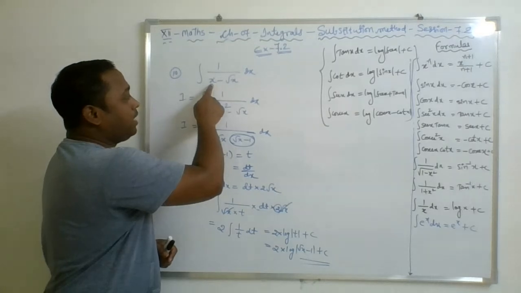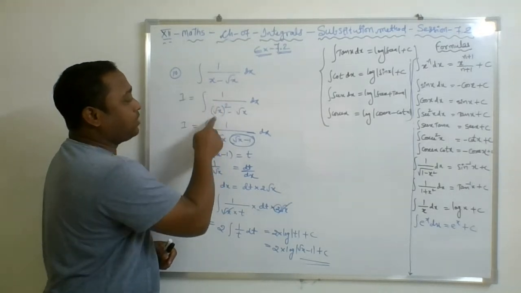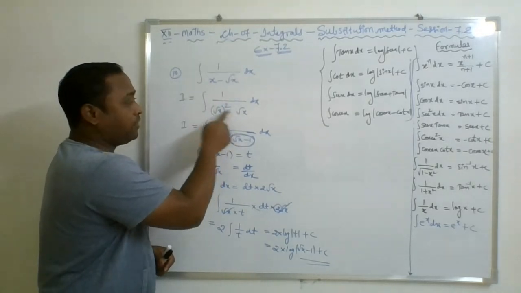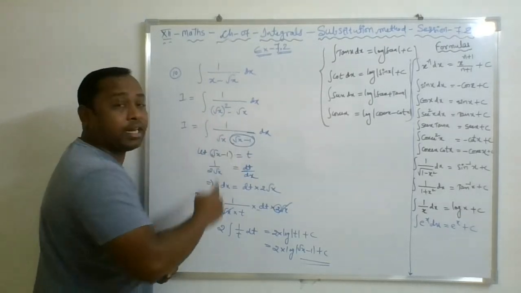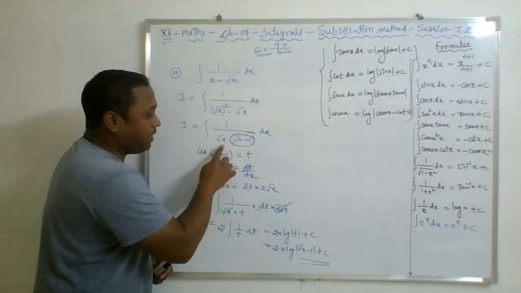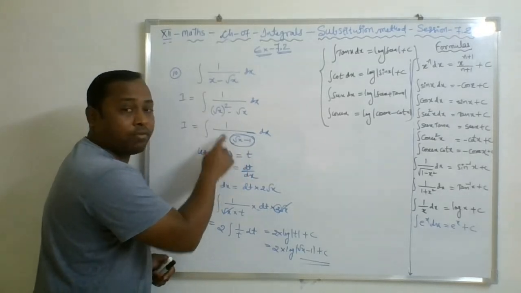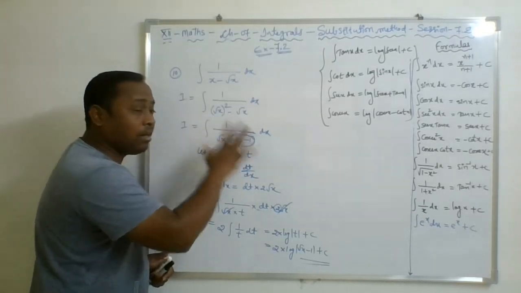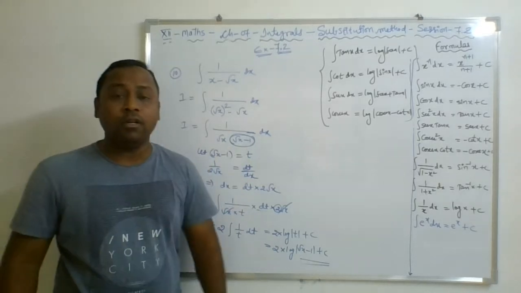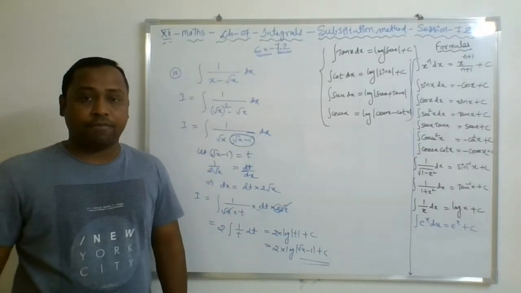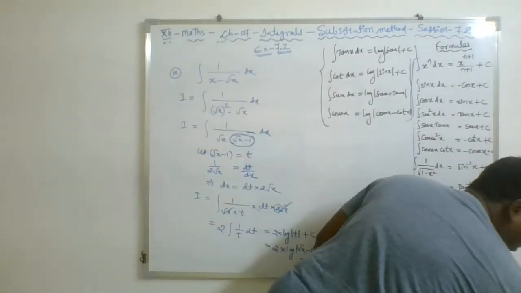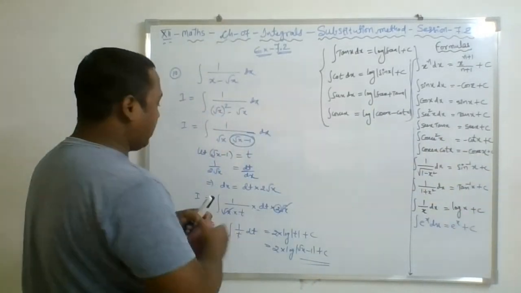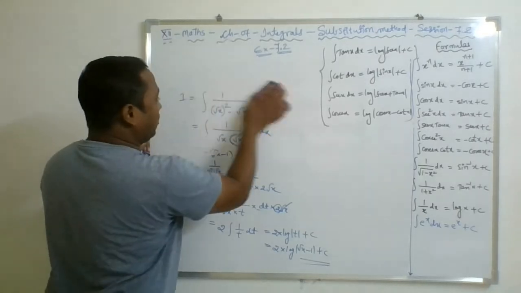So here what I did, I modified x as root x the whole square. Then I took root x as a common factor. Hence I got an idea. The derivative of root x minus 1, which is 1 by 2 root x, is available, and then I can go for the substitution technique. Fine. So in this manner, now I am taking one or two more sums and then we'll wind up this session over here.